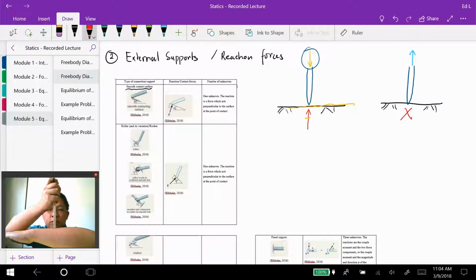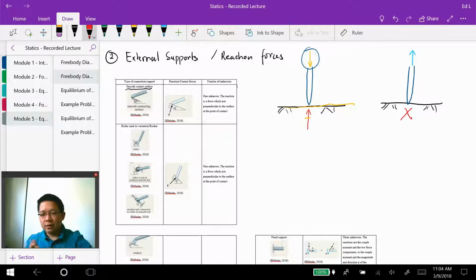When I try to push this member downward, the surface is trying to prevent this member from moving downward, such that there's a reaction force going upward. However, when I try to pull this member upward, there's nothing on the surface that tries to hold this member, such that there is no reaction force at the bottom right here.